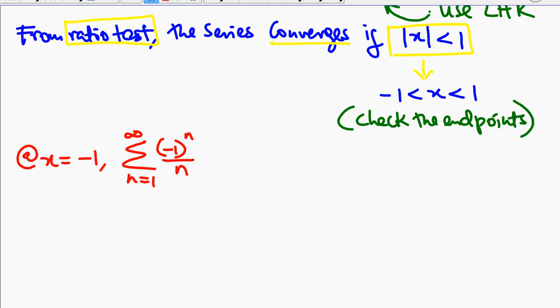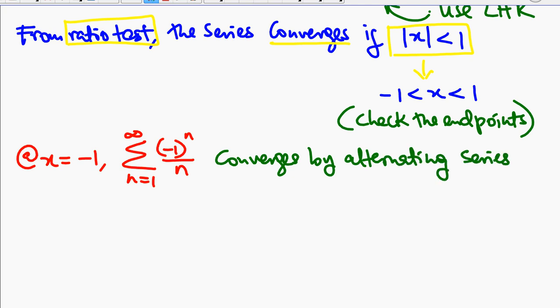Remember, if you plug negative 1 in place of x, you end up with this. This is an alternating series which converges by alternating series test, which means this point is inclusive.